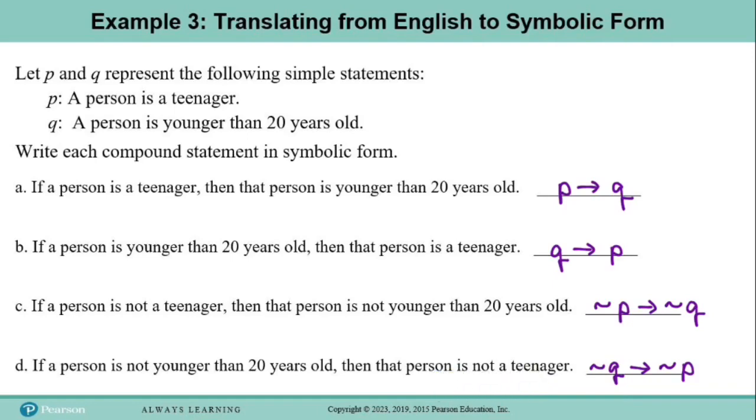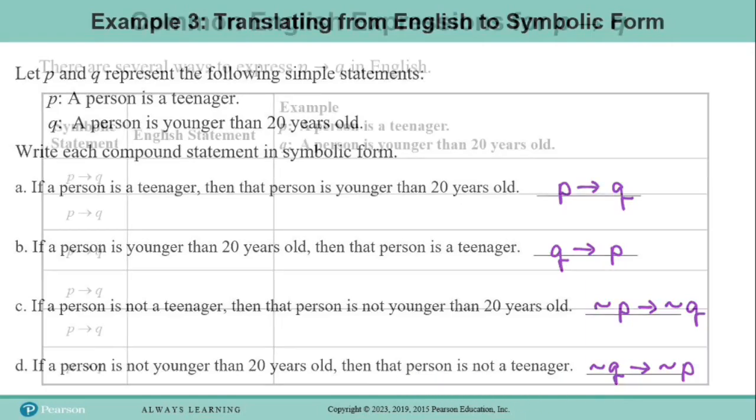We don't have to ask that as a separate piece of information. If we know this first statement is true, then we automatically know that this second statement is also true.